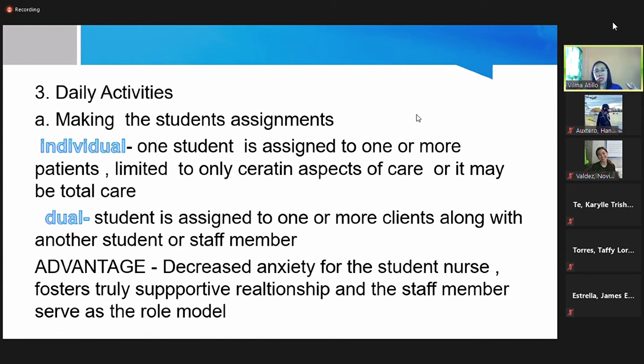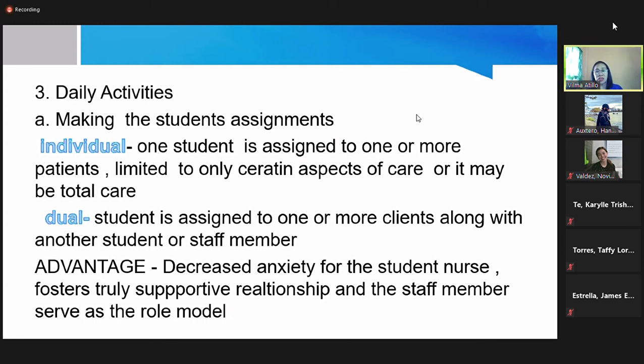The second year will be in charge of the bedside care. Dual, when the student is assigned to one or more clients along with other students and staff members. Minsan, meron din sa isang pasyente, they will have their special nurses, private nurse, I mean. So, ang assignment mo, meron kayong locus of responsibility.